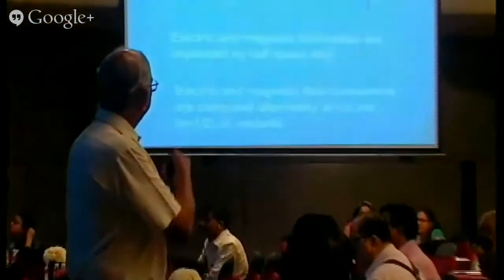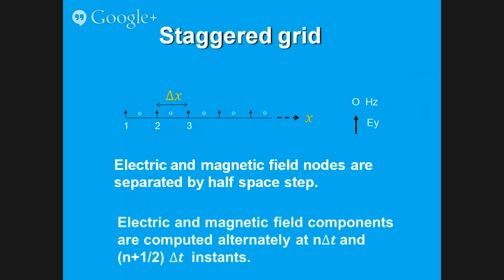That's what we have over here. The staggered grid is there. That is 1, 2, 3, those ones with vertical arrows. Those are the y component field, and in between those fields, there are the magnetic fields Hz. And the separation between two consecutive nodes, we call it delta x in this case.